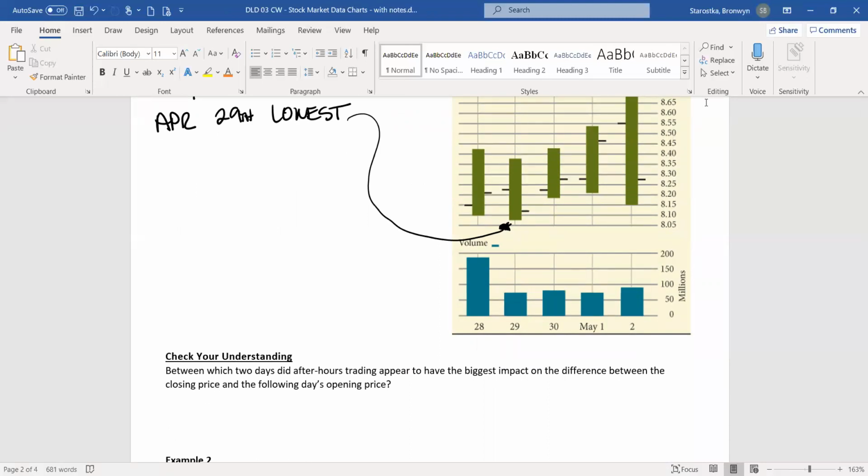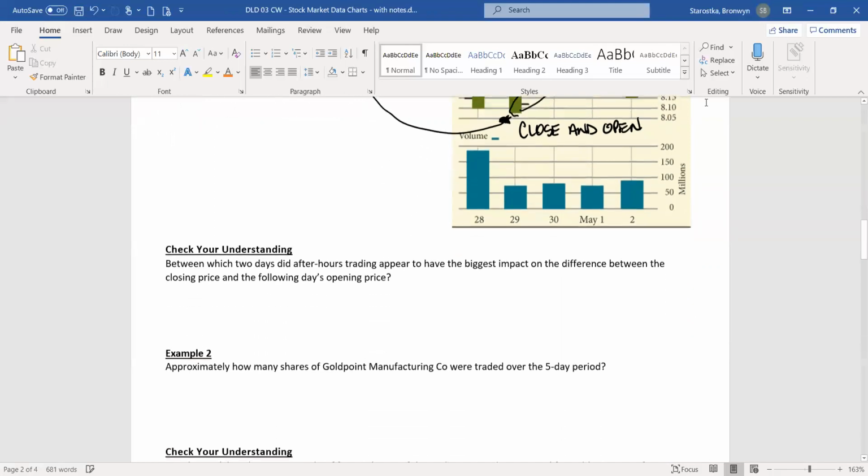If you look here, between April 29th and April 30th, these little bars here, the 29th was the close, and for the 30th, that would be the open. So between the 29th and the 30th, we've had the biggest difference in after hours trading.